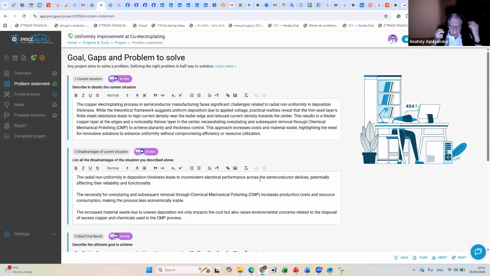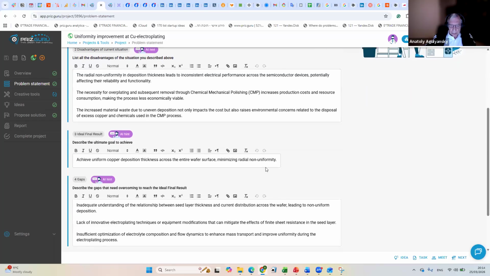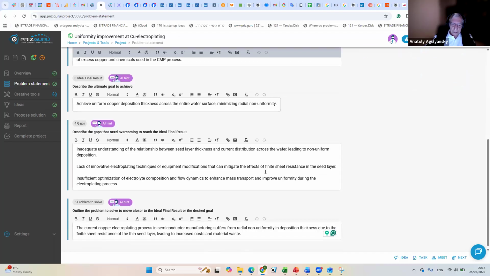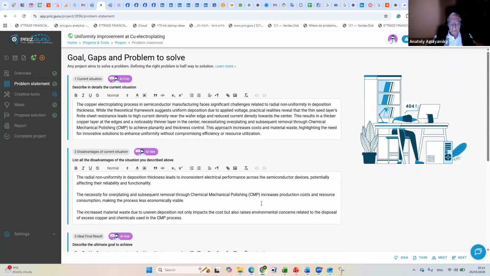The equipment designers, equipment producers knew about this, and this is what they did. They created equipment that produced non-uniform deposition, a non-uniform layer of copper.